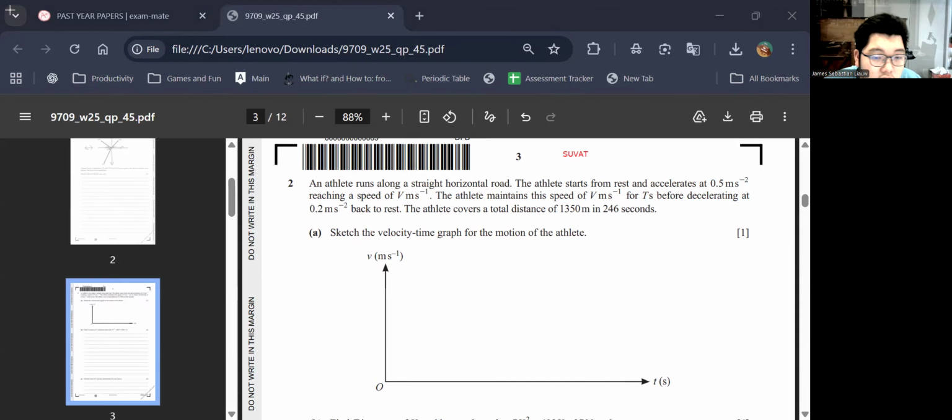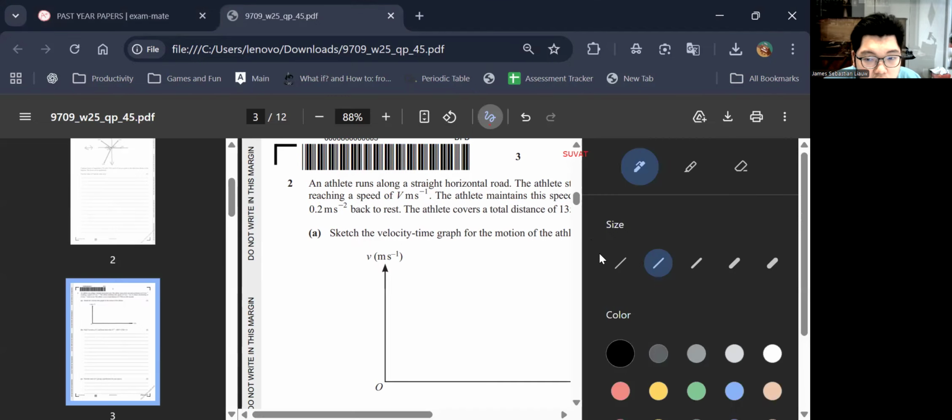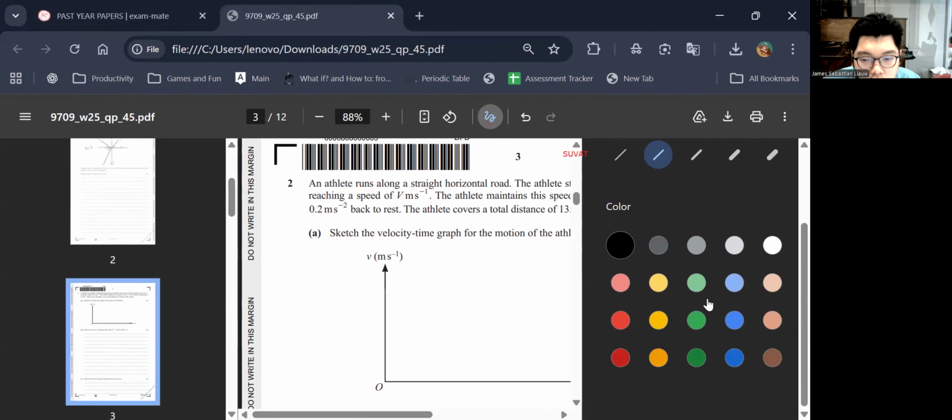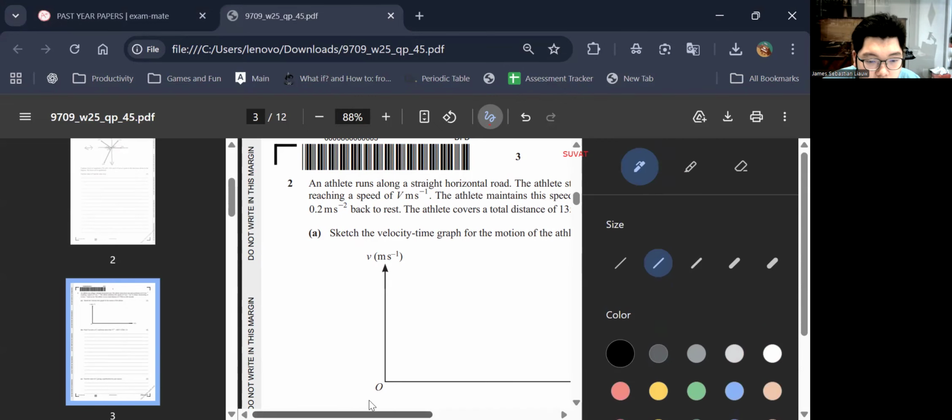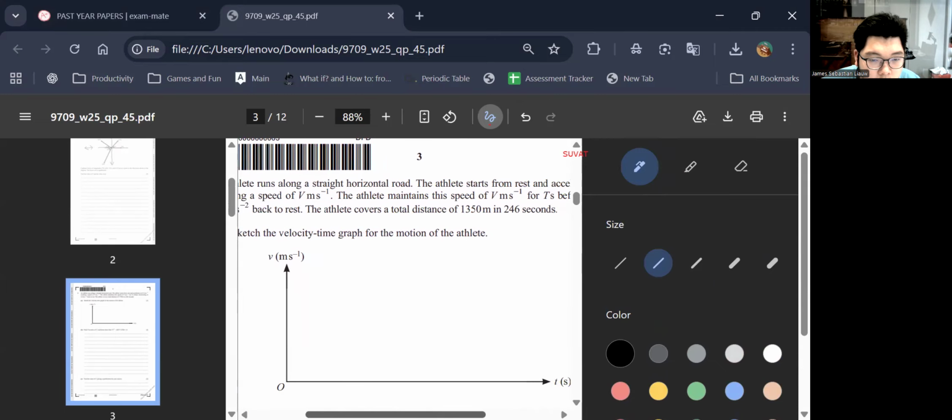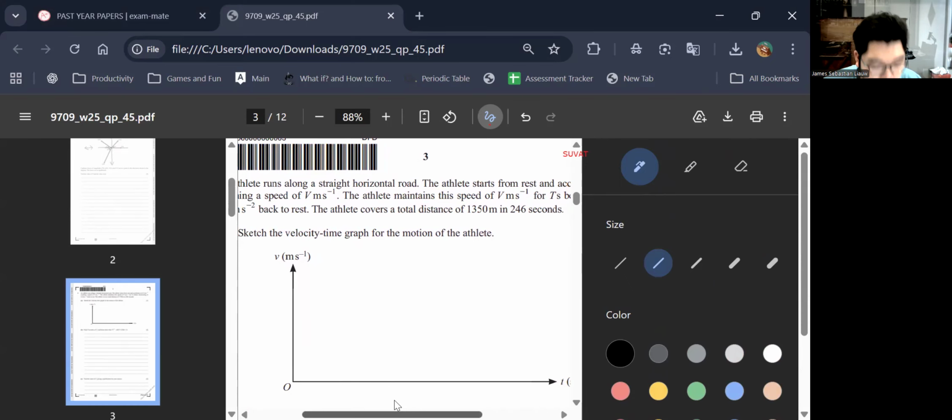Right. The graph for this will look like this. It starts at 0. It travels in a straight line, like so.